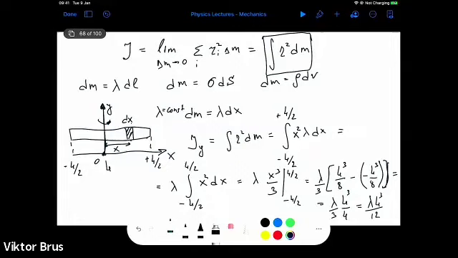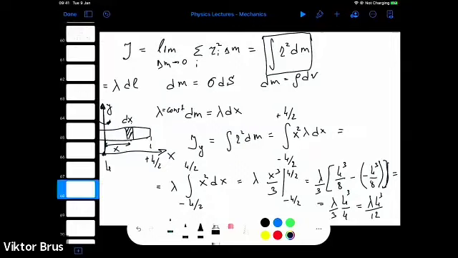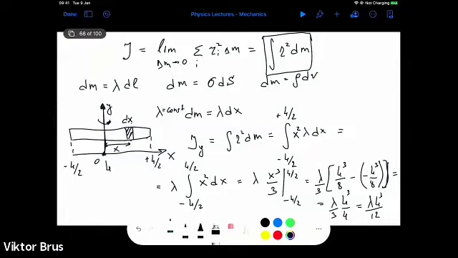Okay, let us rewrite it, we have some space here actually. Since lambda is constant, we can define it via the total mass of this rod, capital M, and length. So it's actually the ratio of total mass to its length.